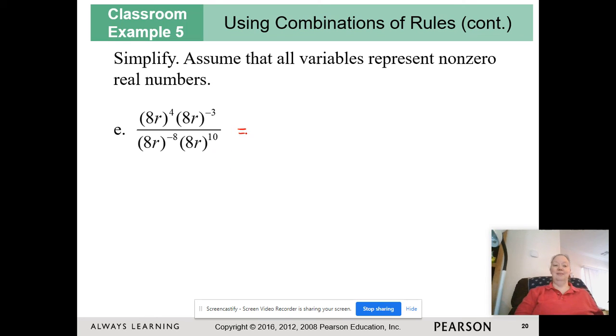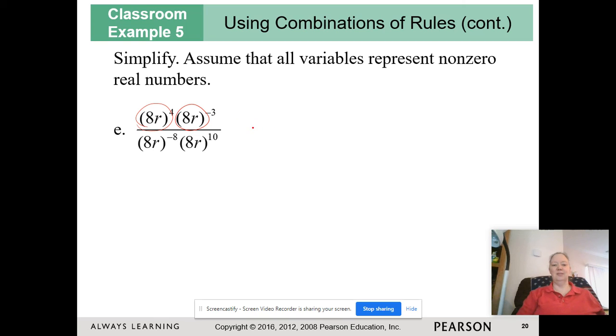This one is actually a lot. There's a difficult way to do this one. There's an easier way to do this one. Notice this is 8R. This is also 8R. This is 8R, and this is also 8R. So what I'm going to do is just leave this together as 8R.